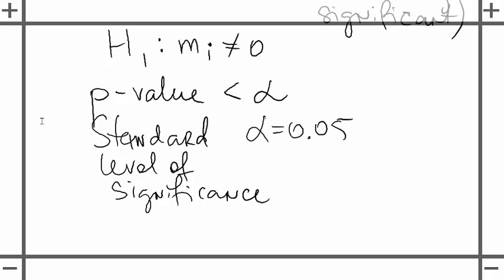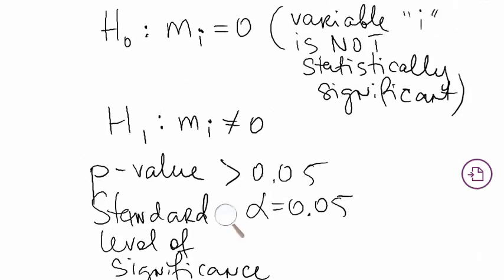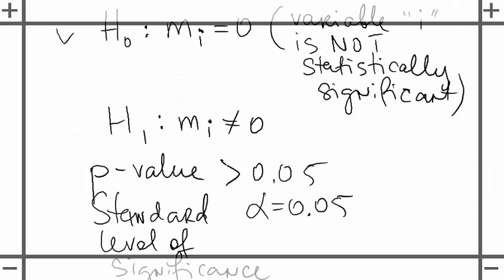Well, let's adopt this approach, which basically means that if my p-value is higher than 0.05, if my p-value is greater than 0.05, what do I do? I keep the null. I don't reject it. And if I keep the null, that means that I can replace the slope for the variable with 0. And after that, the variable is pretty much useless. I can get rid of it in the equation, and the equation will not get much damage.